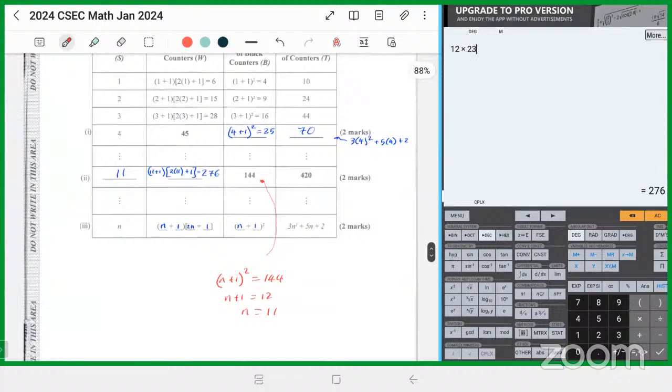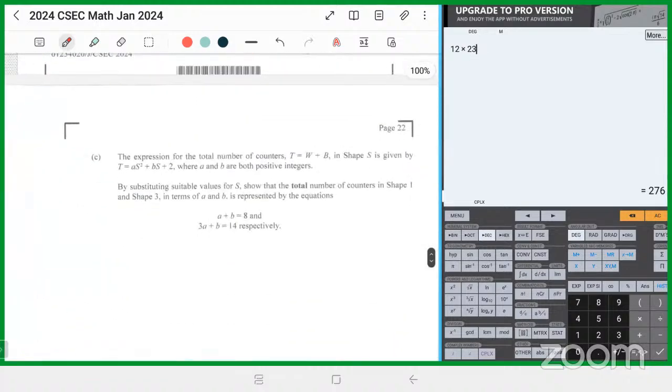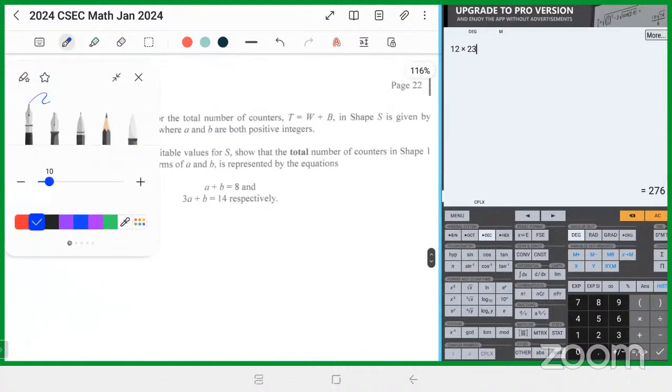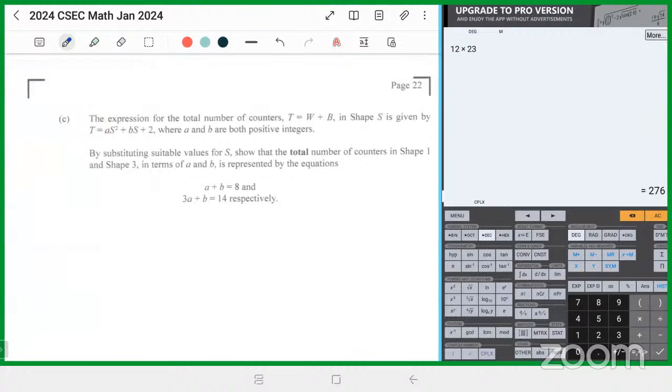All right, let's continue. Part C says the expression for the total number of counters T is W plus B, where W is the number of white and B is the number of black counters in shape S. It's given by this formula. So they're telling us that that is the formula.